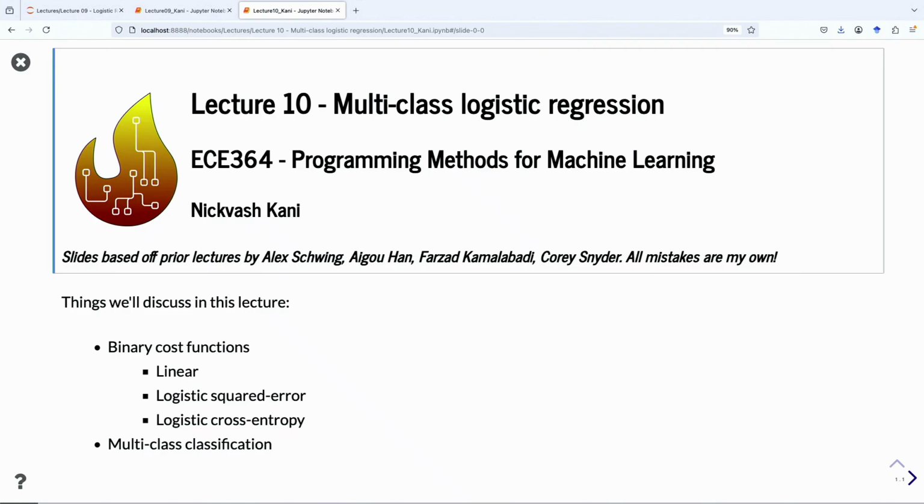The next two lectures after this will be discussing the PyTorch specific libraries and how to more effectively write the optimizers or the optimization and regression algorithms that we've been talking about for the last couple weeks. All right, so that is our plan for today.